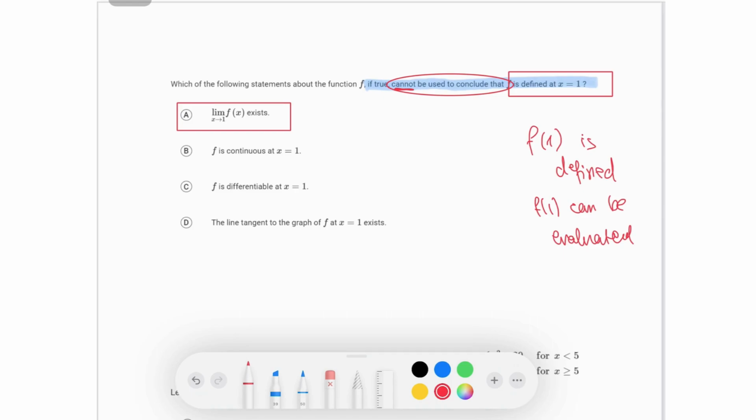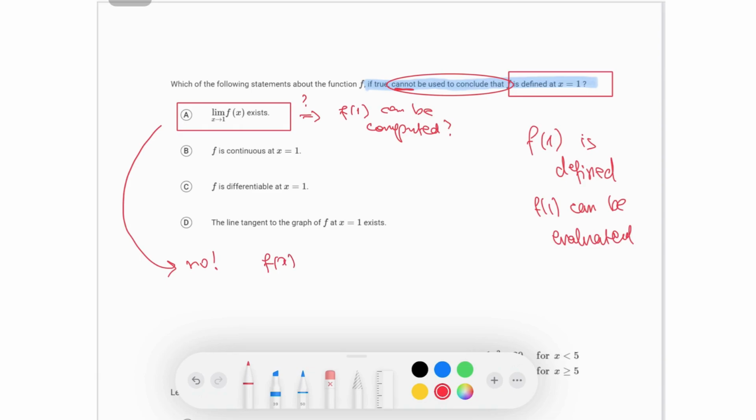Does this imply that f of 1 can be computed? The answer is no.